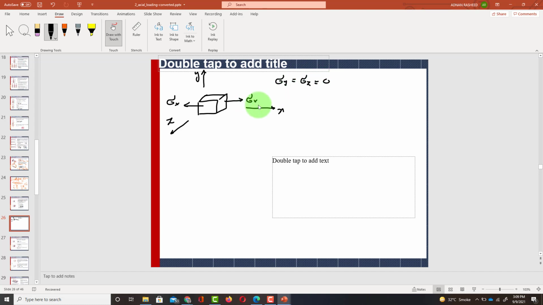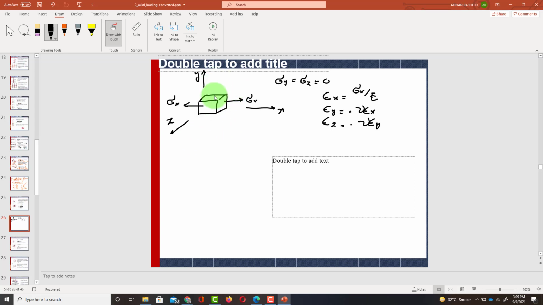But due to this normal stress, strain will be produced in the x direction as well as in the y and z directions. It will be minus nu into epsilon x, equal to minus nu into epsilon y, and this will be equal to sigma x over E. This is what we have done so far, for unidirectional stress. This condition is known as unidirectional stress.